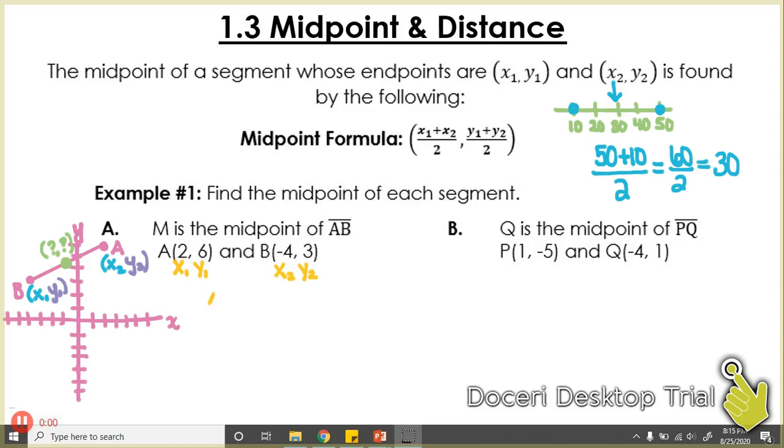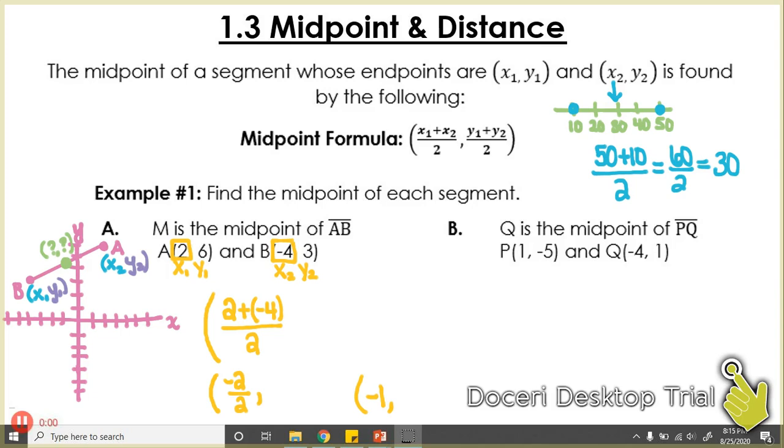The first thing we always want to do is average your x values together. My x values are 2 and -4. So I'm going to add 2 plus -4 together, and then divide that by 2. Well, 2 plus -4 is -2, and -2 divided by 2 gives me -1.